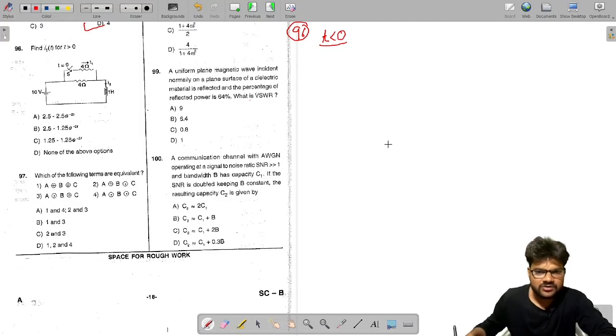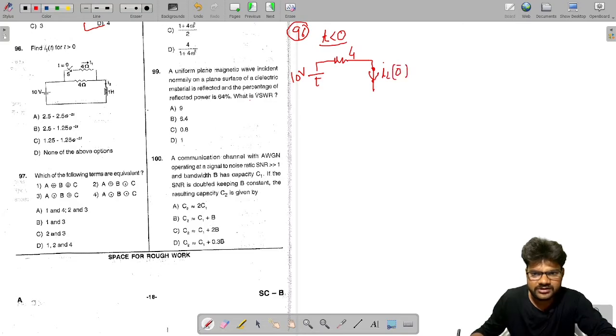So there is a 4 ohm resistor and the 10 volt battery connected, with the inductor shorted. Let the current flowing be iL(0-). By V by R, iL(0-) will be 10 by 4, which is 5 by 2 or 2.5 ampere.